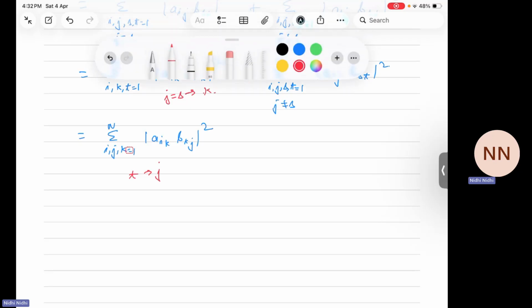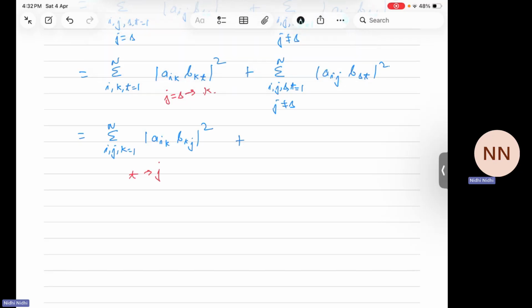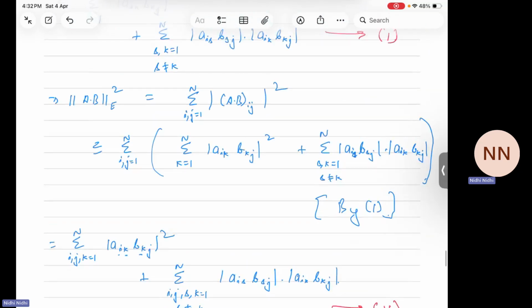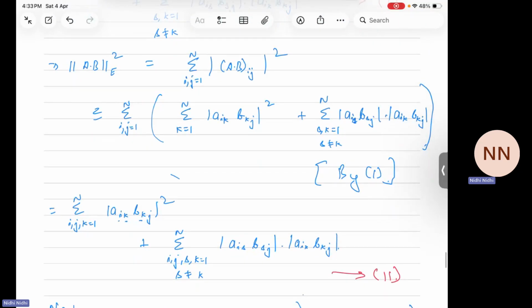And this is plus summation ijst from 1 to n, where j is not equal to s, mod aij bst square. Now something like this is already present in our inequality 2. If we use this, we get this term is greater than or equal to norm ab square minus this term.